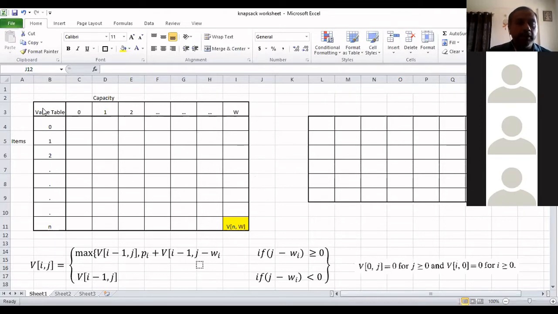We have a number of rows running from 0 to n, where the rows indicate the number of items, and we have added an extra row, the zeroth row. Similarly, the number of columns is W plus 1, where W indicates the capacity of the knapsack. So it starts with 0, 1, 2, 3, so on up to W.